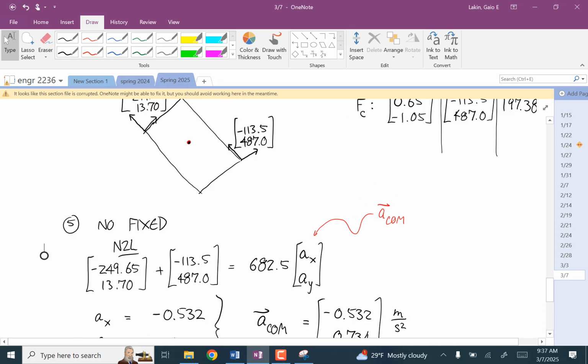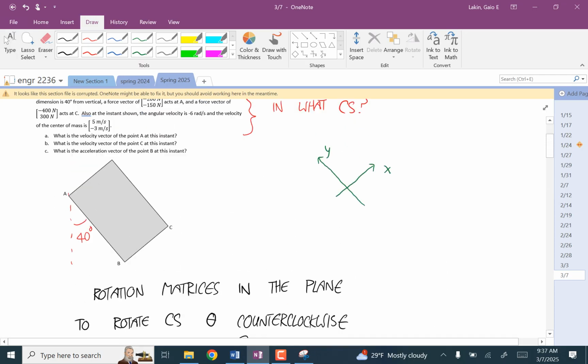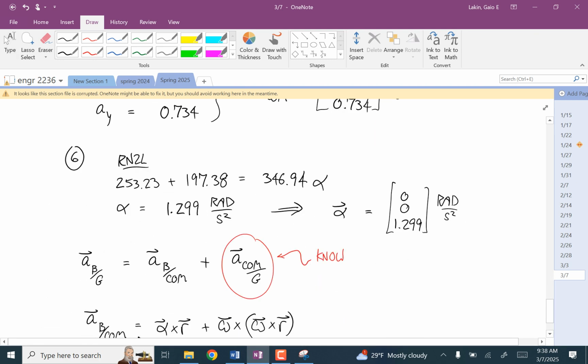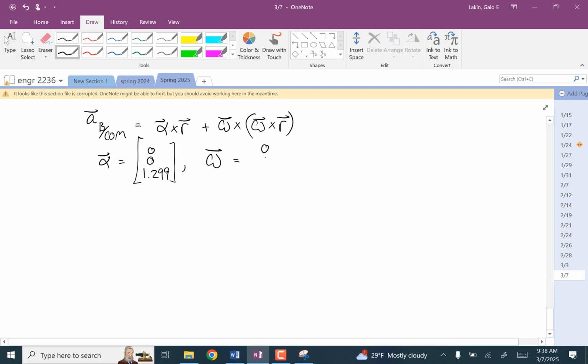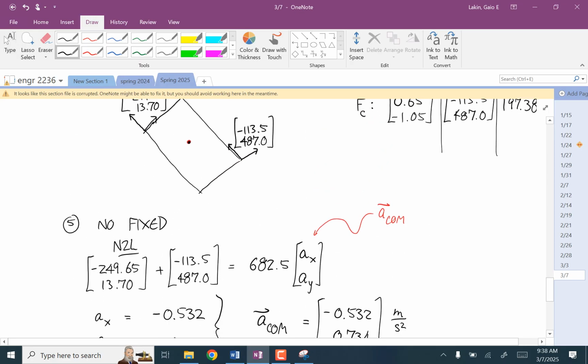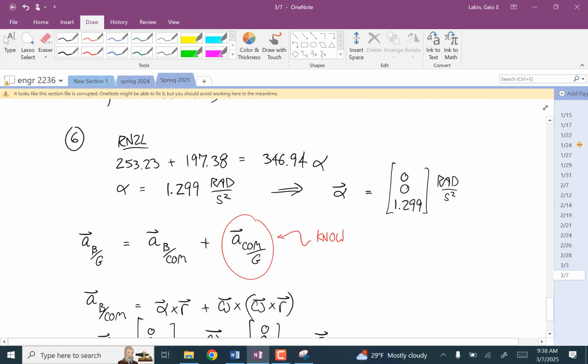Omega was negative 6, right? And the R vector goes from the center of mass, the about point, to the point we care about. So that is negative 0.65, negative 1.05.